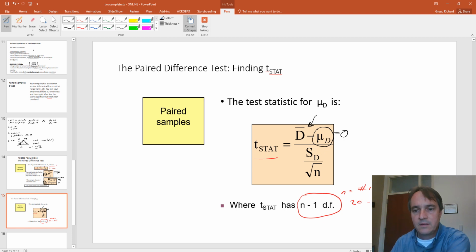This is why we included the case of 0 in our null hypothesis, so that the hypothesized difference includes the case where there's 0 difference. Basically we take the average difference and divide by the standard deviation we calculated, then divide by the square root of the sample size. So let's do that.